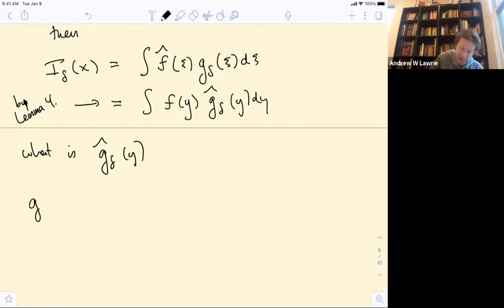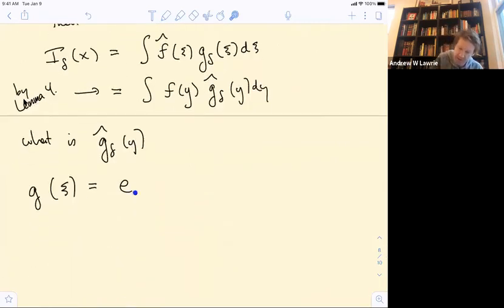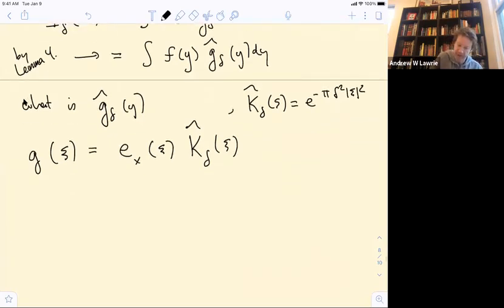Note that g of c is equal to, remember, we computed these identities last time, it's just multiplication by this phase function. So it's this phase function e to the 2 pi i x dot c times what I'll call k delta hat of c, where k delta hat of c is equal to e to the minus pi delta squared c squared.